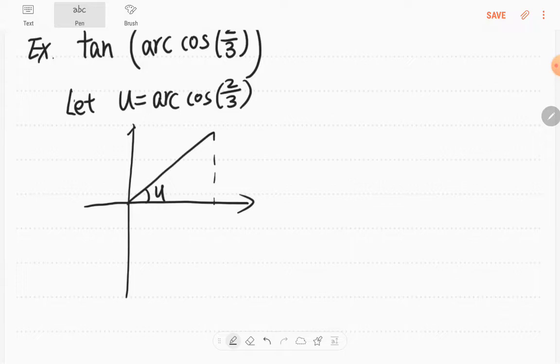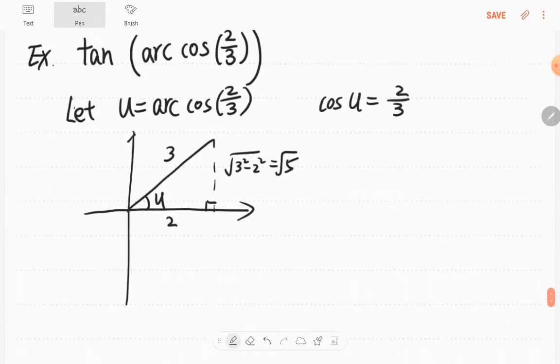So cosine of u equals 2/3. If we set the adjacent side as 2 and the hypotenuse as 3, then cosine u equals 2/3. We use the Pythagorean theorem to find this side, which is the square root of 3 squared minus 2 squared, which is square root 5.